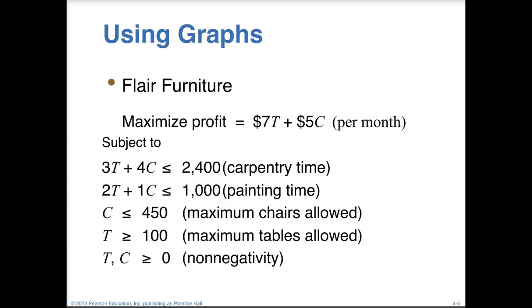And so we're coming back here to the Flare Furniture example. And again, we've seen this before, so I'm not going to go through all the details here. But the purpose of why I want to go through this now is because what we want to do now is actually understand in detail what is happening to the feasibility region once we change stuff.